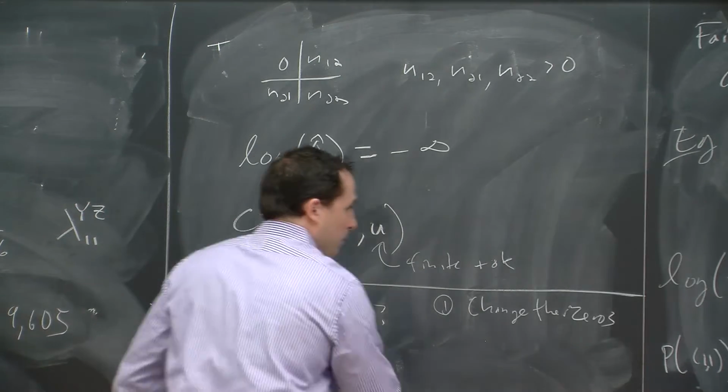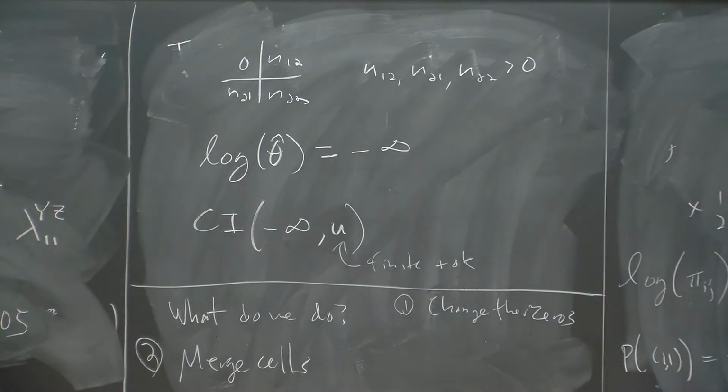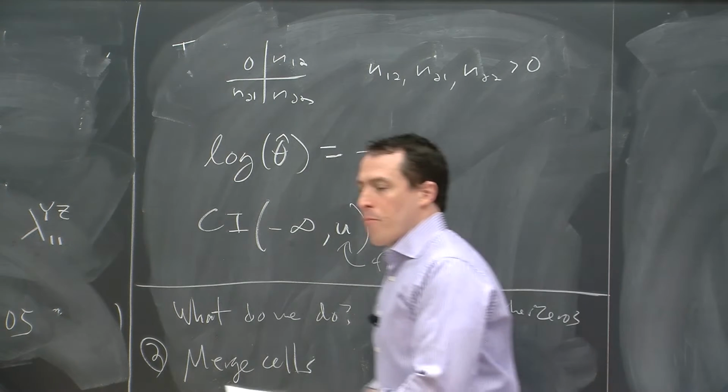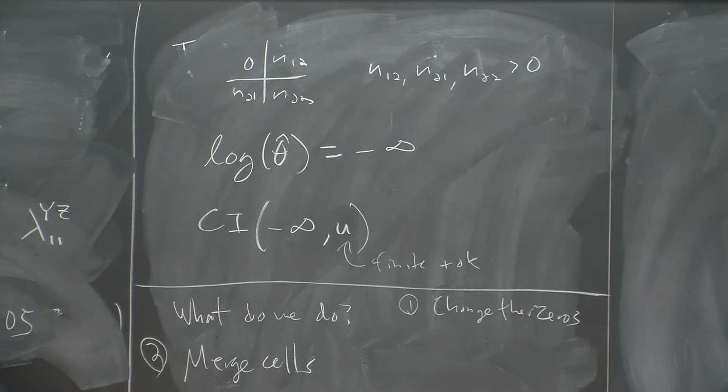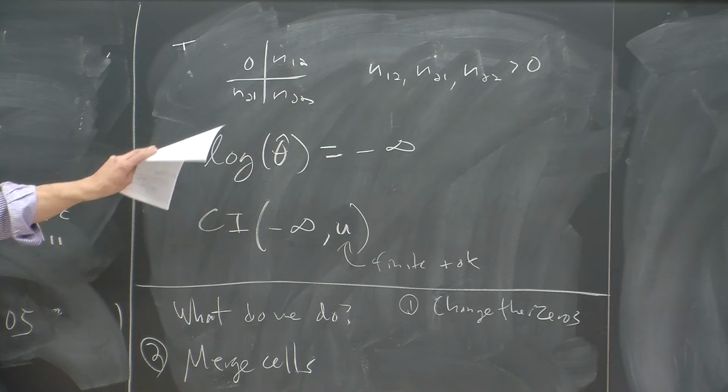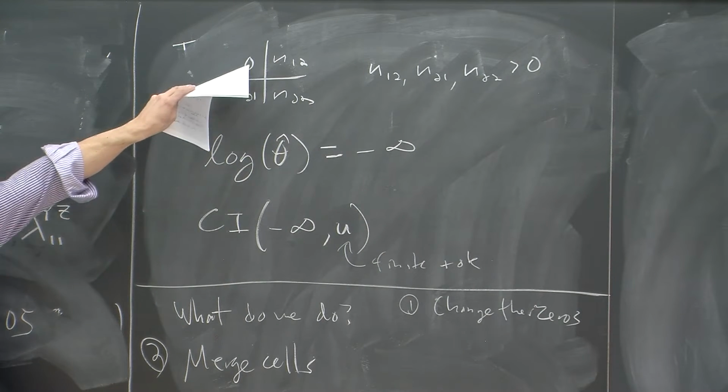Anyone think of another approach? Something else that we talked about in the model selection context can be used here. The problem in some sense here, if this is a sampling zero, is that our model is taking this zero too seriously.